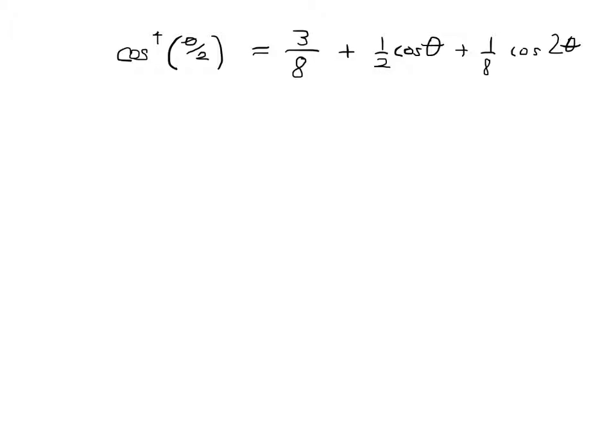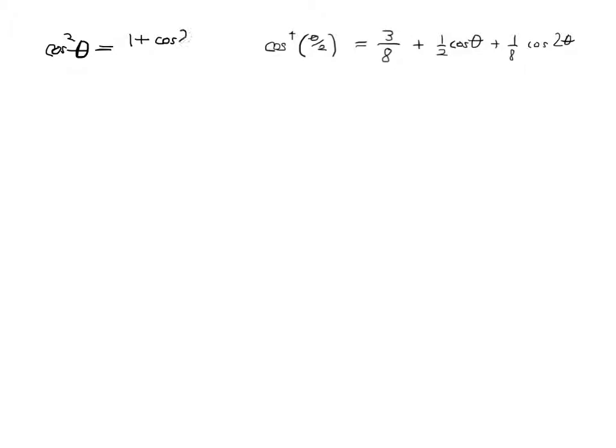New factoid, new lesson. Cosine squared of theta equals 1 plus cosine 2 theta over 2. The sine squared version is with a minus.